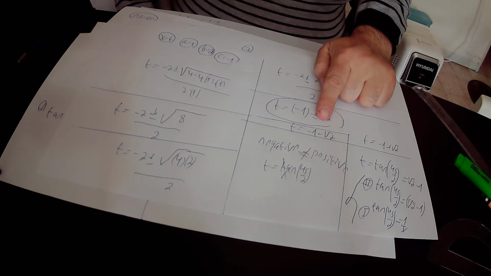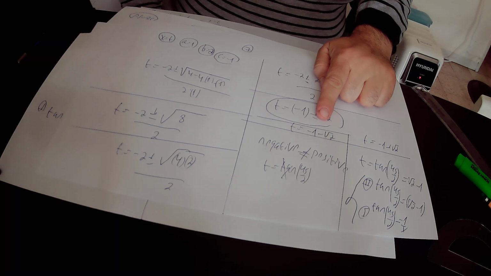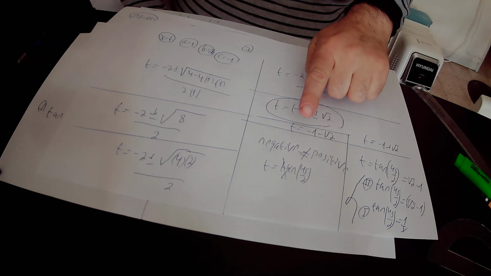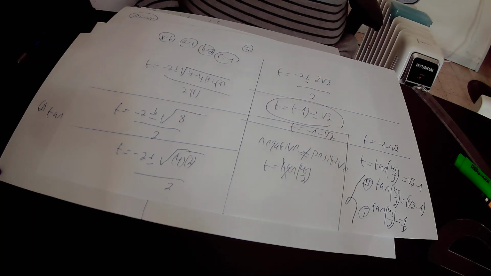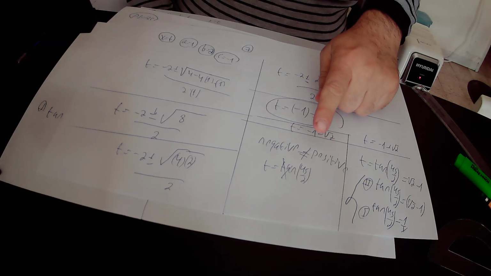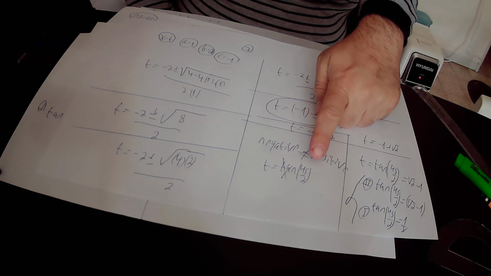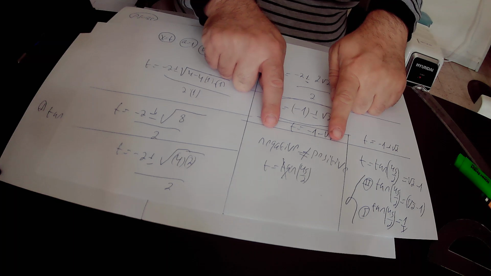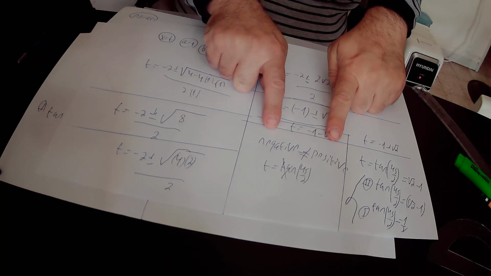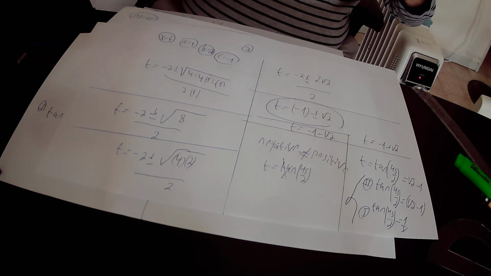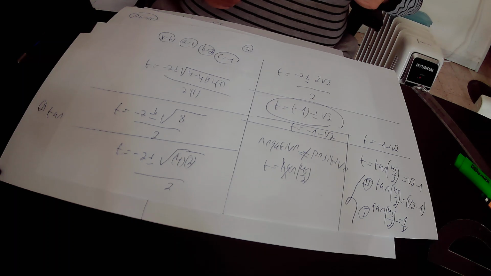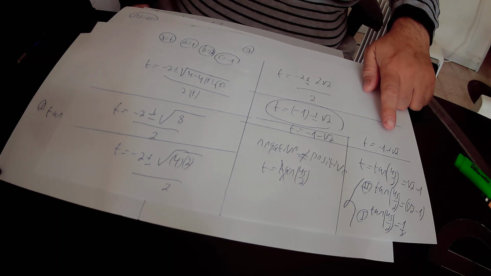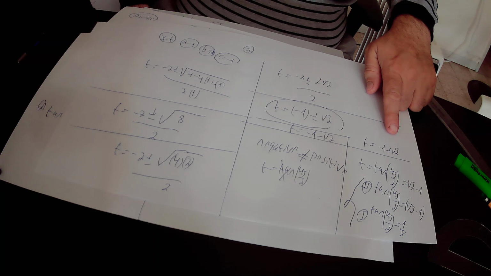According to the first solution, t equals minus 1 minus the square root of 2, which is a negative number. But according to our definition, t equals tan of 45 over 2 degrees, that is a positive number. A negative number can never be equal to a positive number, so we cancel this solution, and we are left only with the second solution, that t equals minus 1 plus the square root of 2.